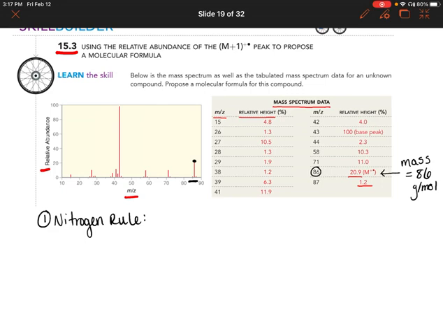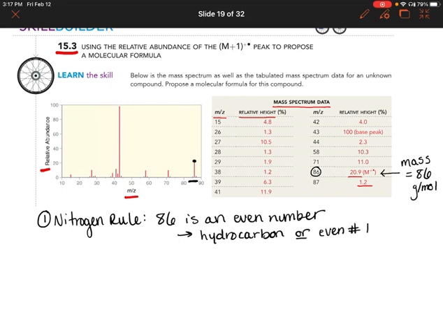If the mass is an odd number, then you have an odd number of nitrogens. Here, 86 is our mass, and that is an even number. So that means we either have a hydrocarbon or an even number of nitrogens. That's just something to keep in mind going forward.